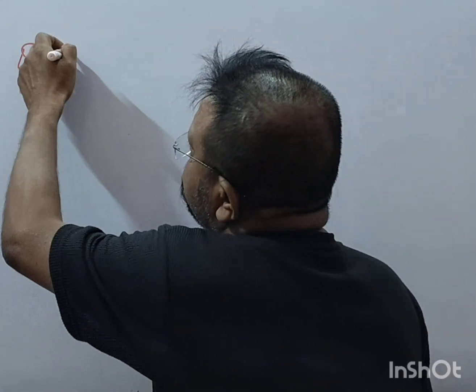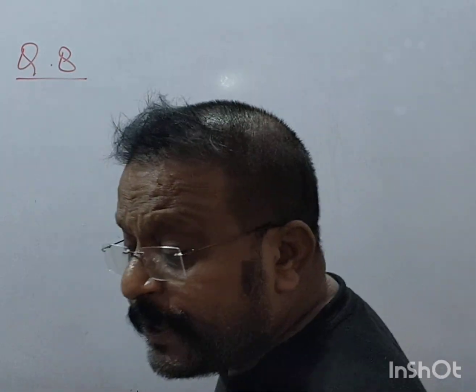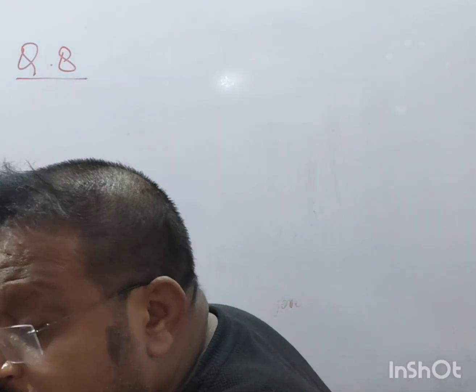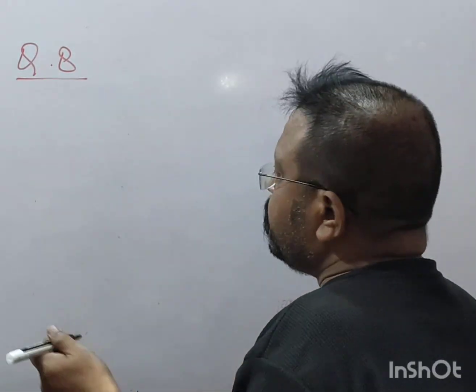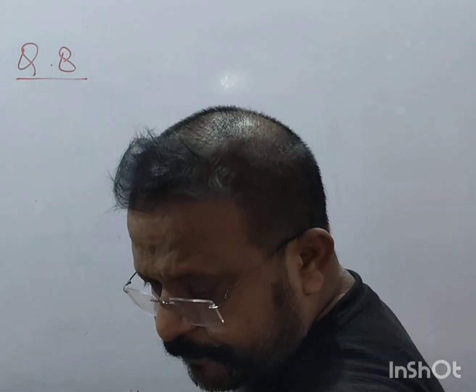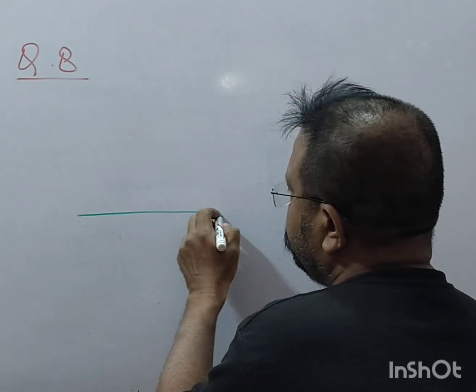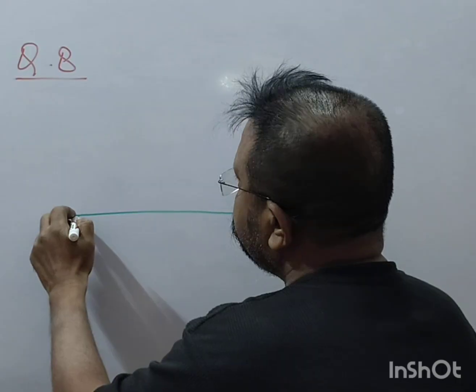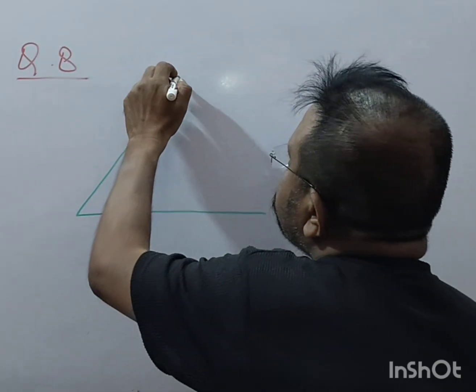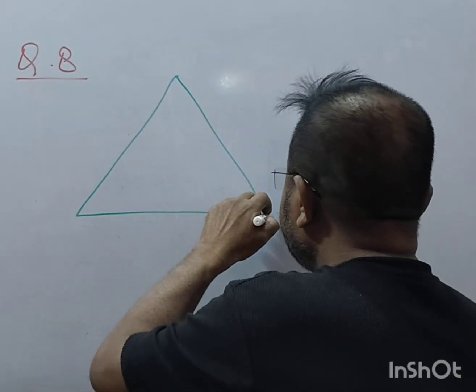Question number 8 is nothing like that. There is a triangle, right? This is an isosceles triangle, like this. It is not on a scale.